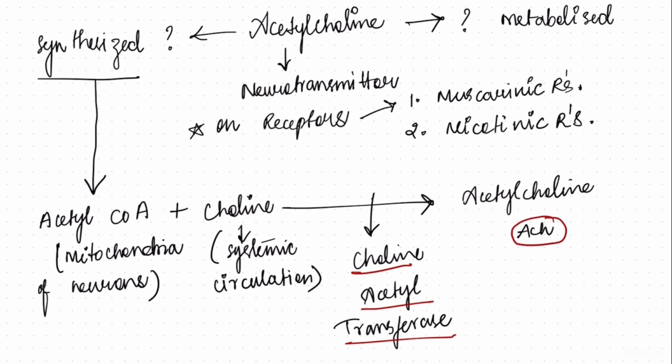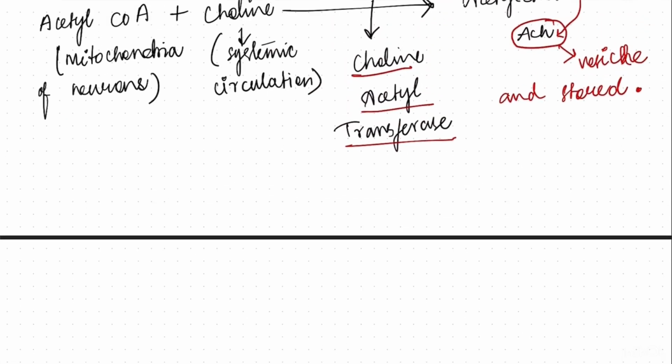After formation of acetylcholine, it enters into vesicles and is stored. Vesicles of neurotransmitters are present in the synapse.